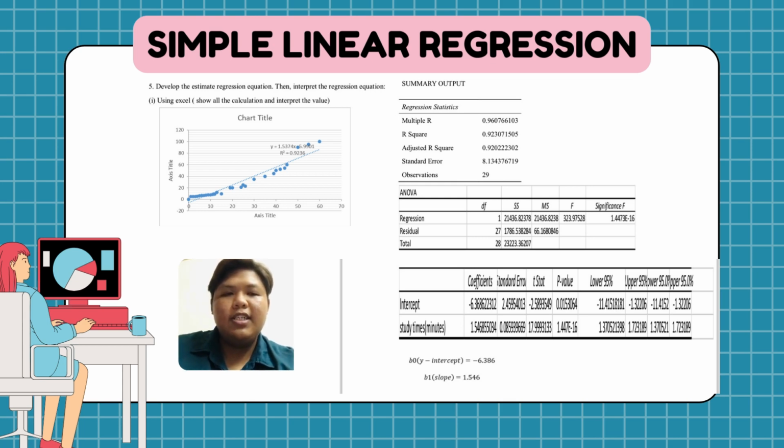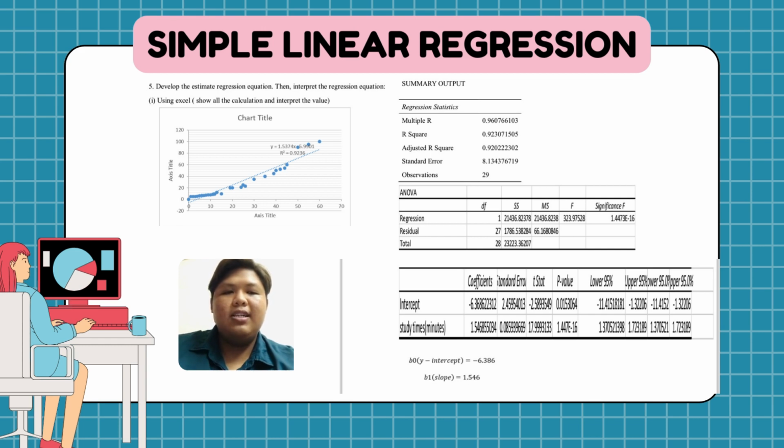Okay, so the regression equation is also provided. Y equals negative 6.386 plus 1.5468 times study time per minute. This equation allows you to predict the value of y for any given value of study time.